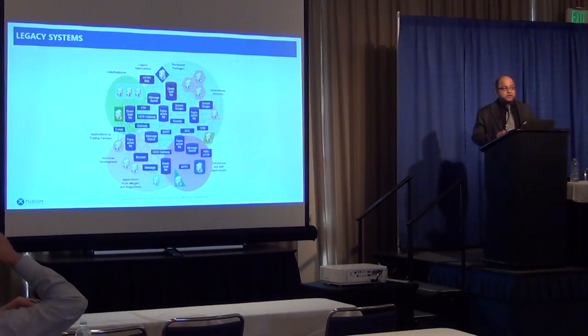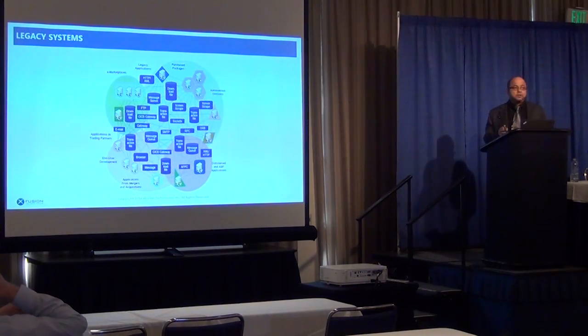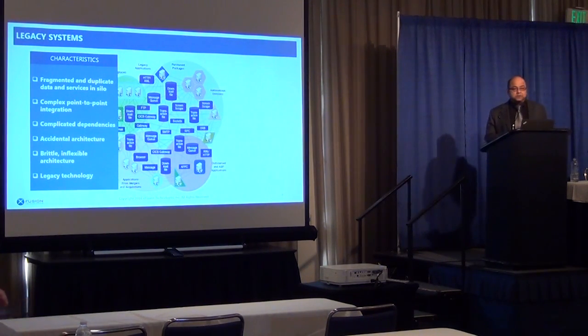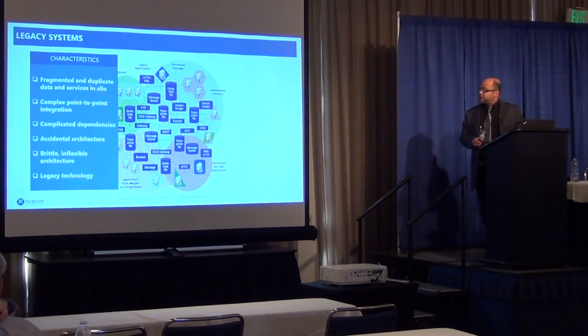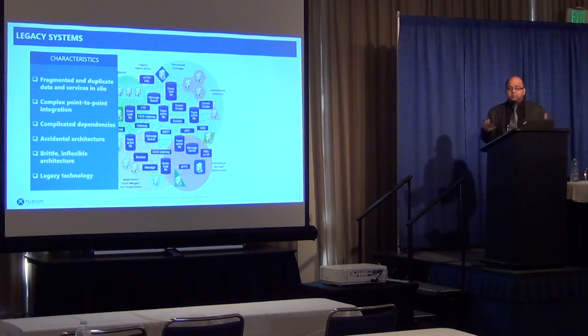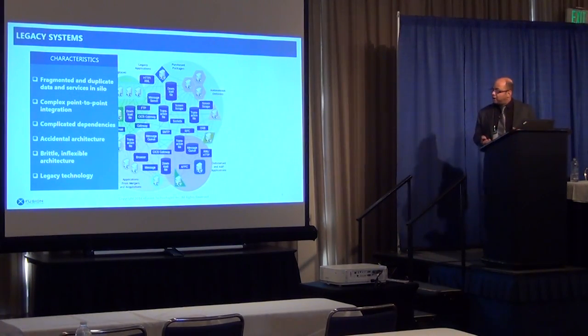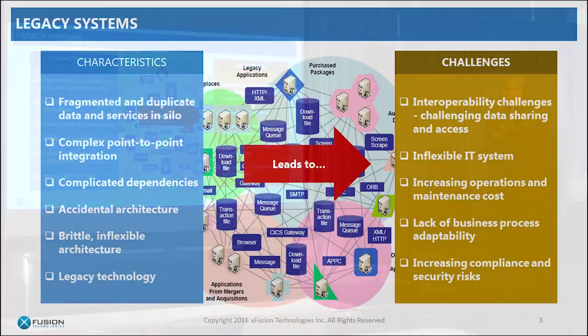So the legacy system, when you see this diagram from a 30,000 feet view, you will see all the legacy systems look the same, right? They are all fragmented, with their data and business functions in silos. They're all complex, with very point-to-point integration. They're brittle and fragile, and very difficult to maintain, and all these things lead to challenges.